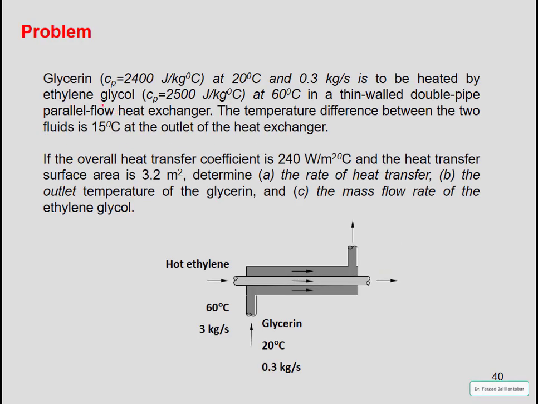Here is another example for the heat exchanger, how to use that LMTD method to find different parameters for the heat exchanger. Okay, here glycerin and ethylene glycol are two fluids, and as you can see from the schematic figure for the question, it is a double pipe.